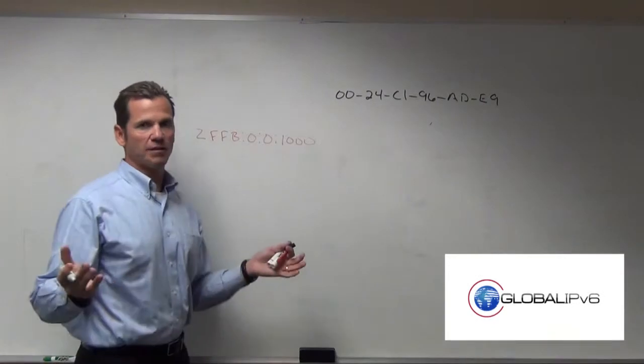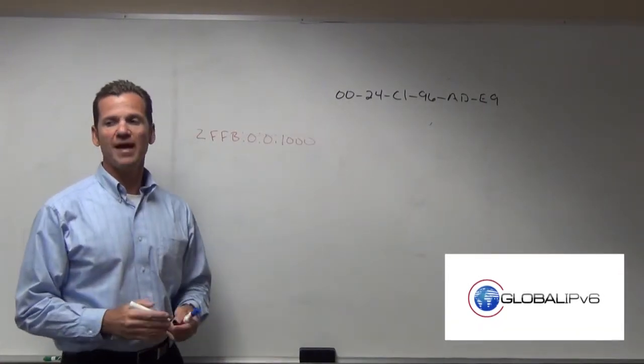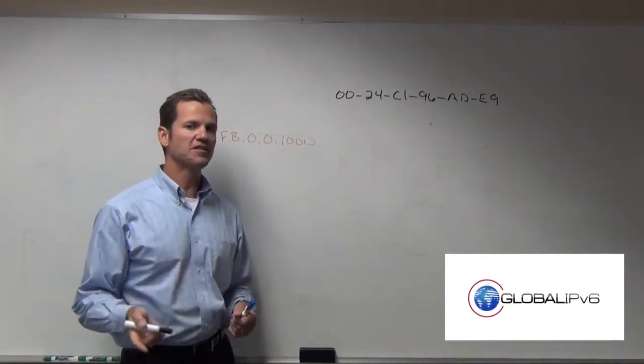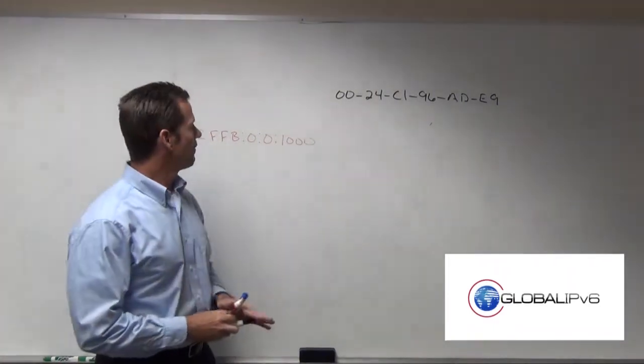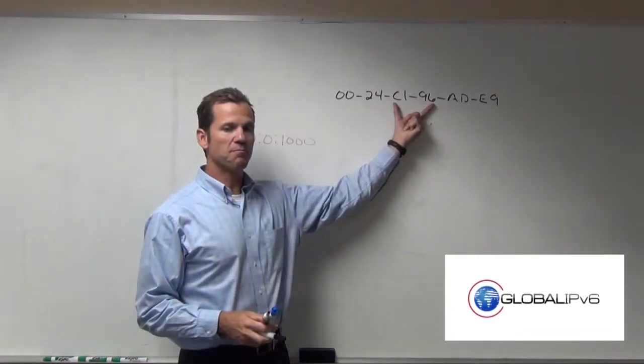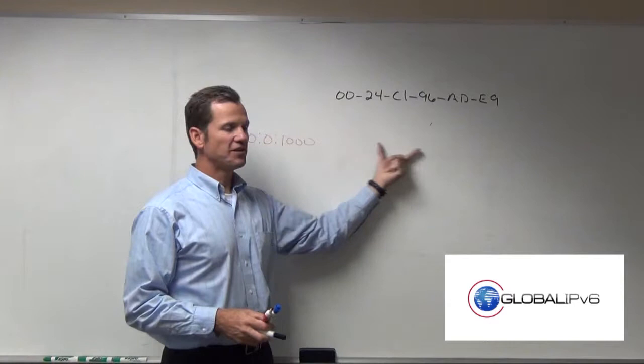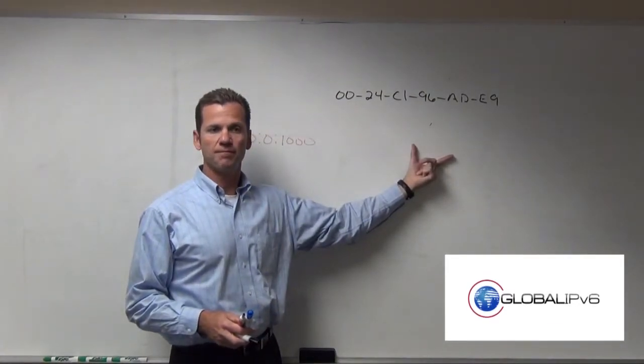I just made up some MAC address. If I use the EUI-64 method, I can allow the host to take its MAC address and finish out the address on the end.